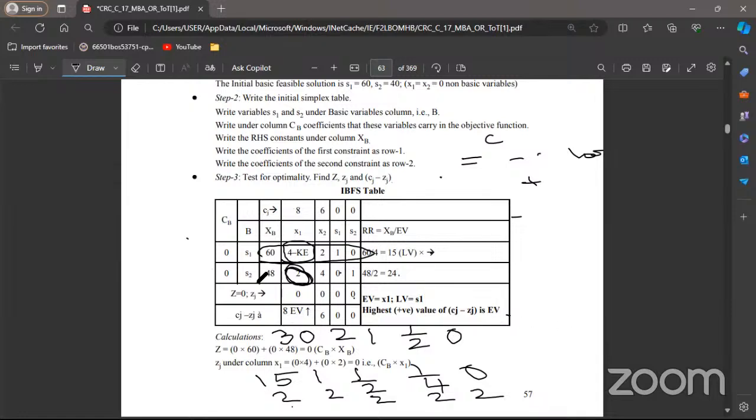Now, what are the old values of the non-key row? 48, 2, 4, 0, 1, 0.